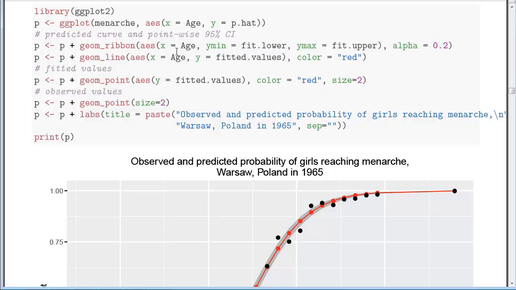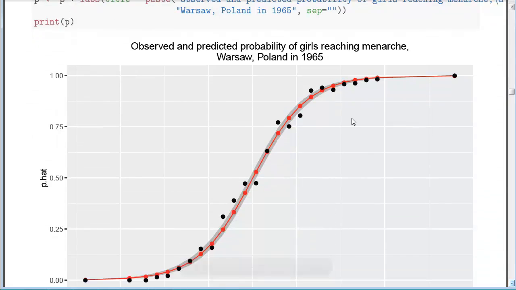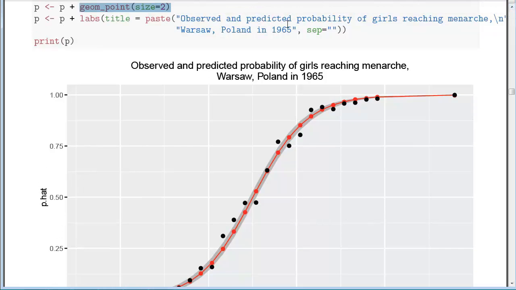Then I'm going to connect the dots for the fitted values, and I'm going to color them red, so that gives me the red line. Then I plot the fitted values points as red, so those give me the red dots. And then finally, the geom point plots the black points. So you can see the black points lay on top of the red. And then I just give it this long title. And notice I've got a \n here, which gives me a new line, so I've got 2 lines of text in the title.